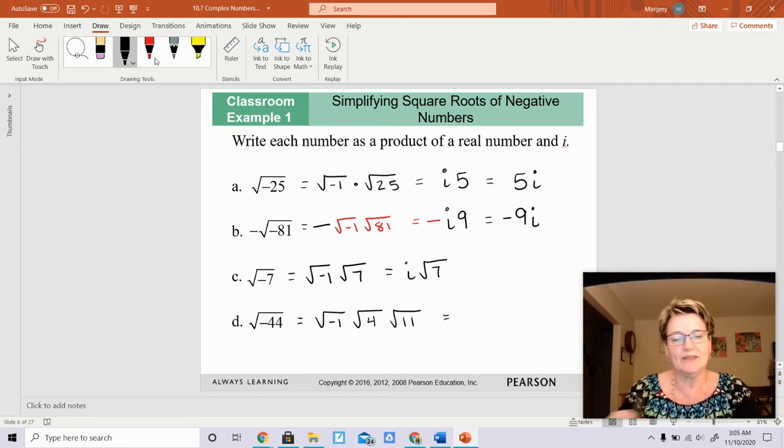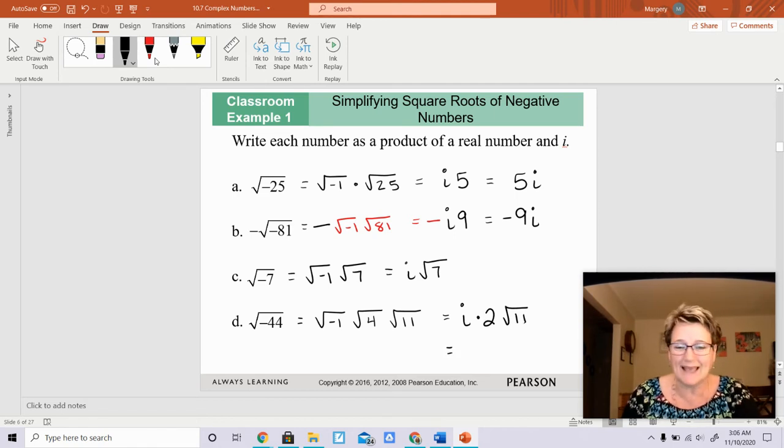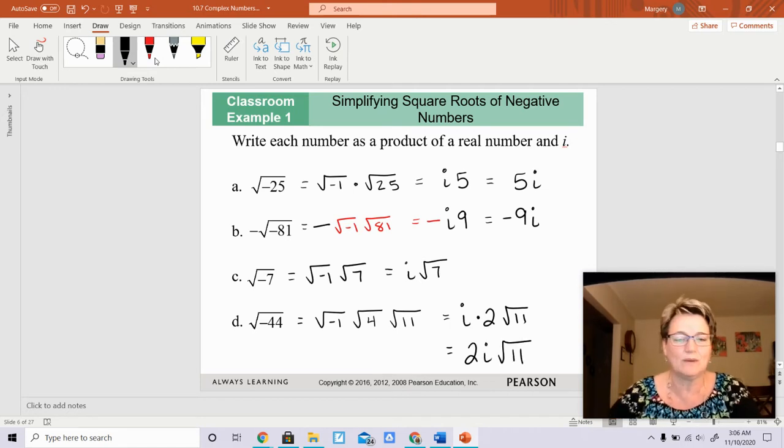Everything underneath that radical, when you multiply them together, you get -44. The square root of -1 is i. The square root of 4 is 2. And the square root of 11, you can't do anything with it. Now that looks weird again. I like to put the 2 first, then the i, and then the square root of 11.